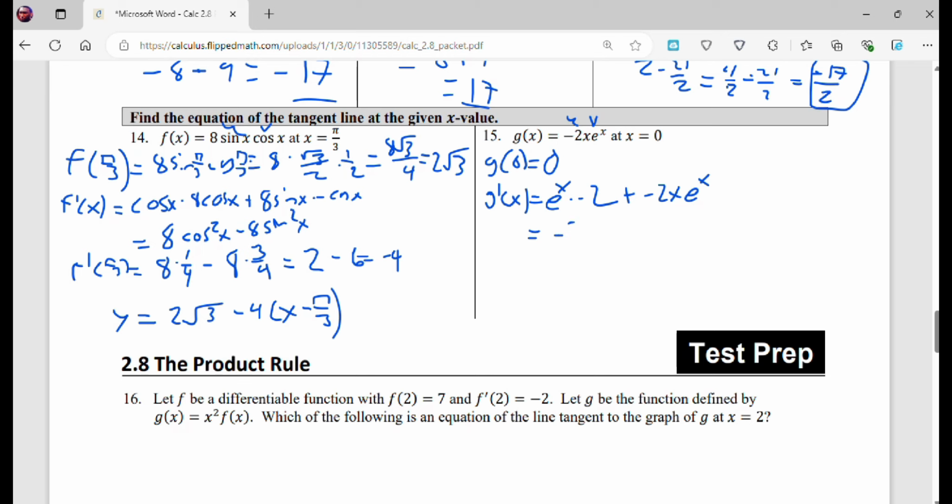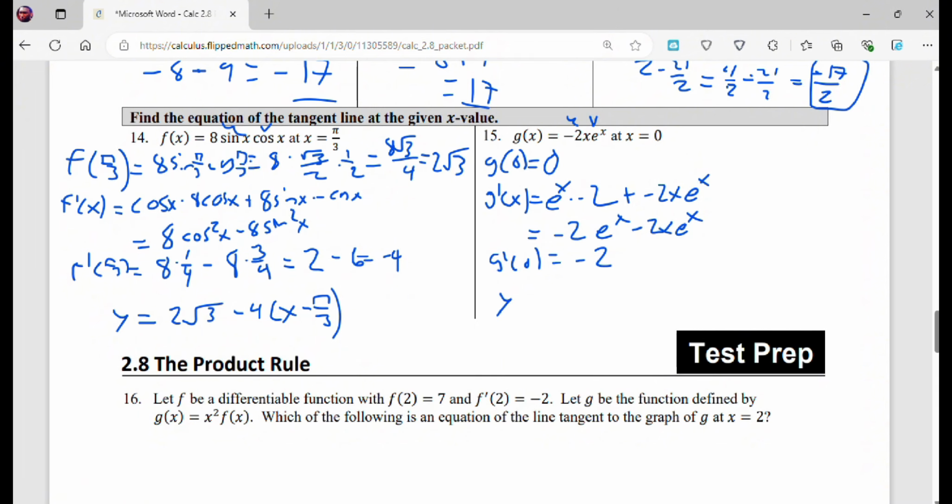So that's going to equal negative 2e to the x minus 2x e to the x. g prime of 0 equals negative 2 minus 0. e to the 0 is 1, negative 2 times 1 is negative 2, and 2 times 0 is 0.